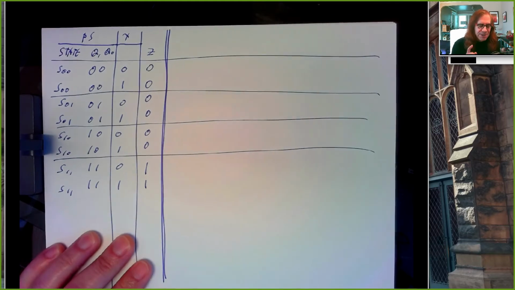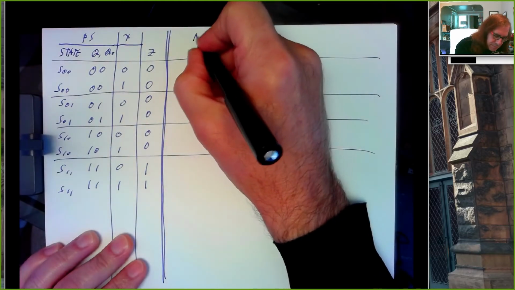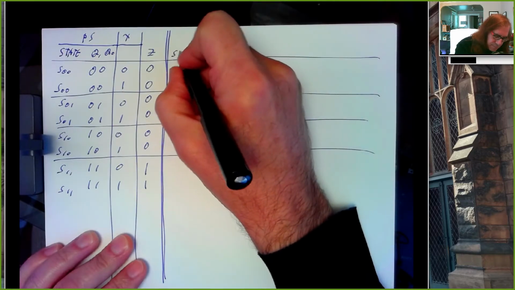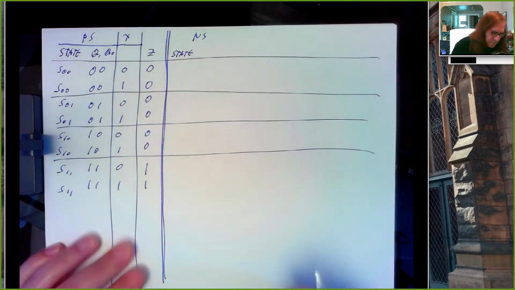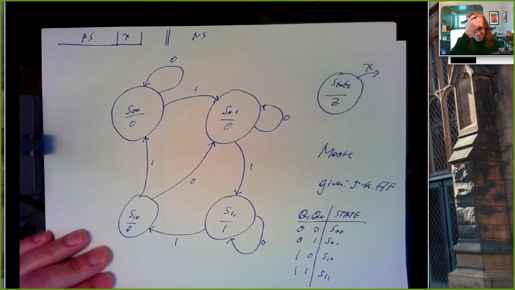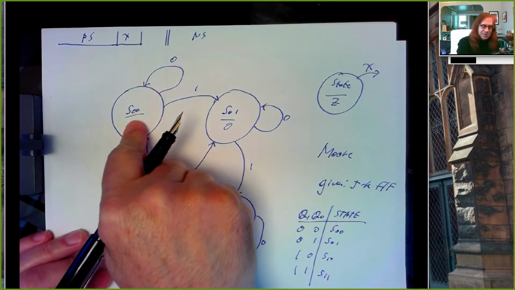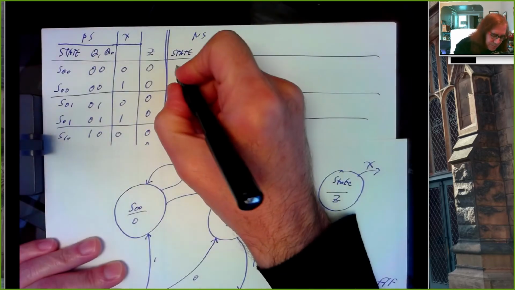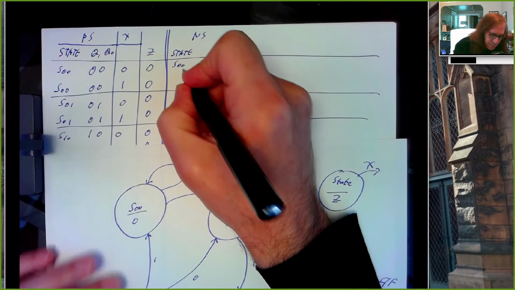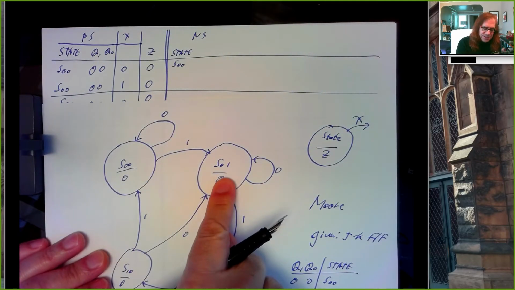And now I want to write down what the new state's going to be. So this I'm going to read from the table. If you're in state 0, 0 and your input's a 0, your new state is also 0, 0. If you're in state 0, 0 and your input's a 1, your new state is 0, 1.